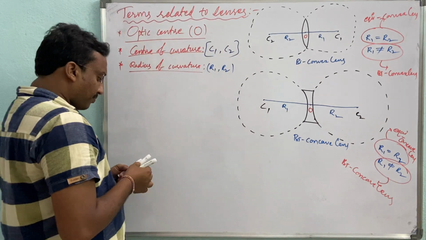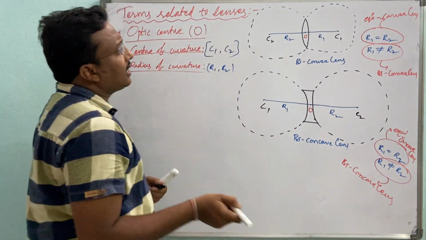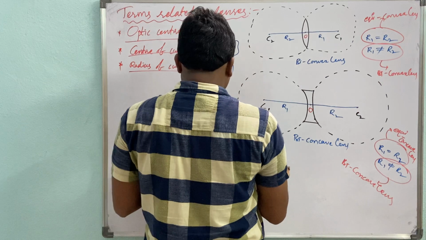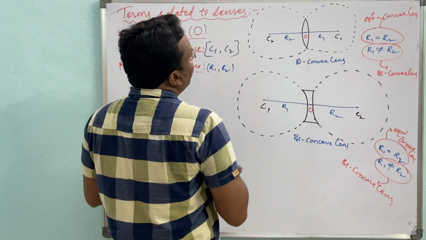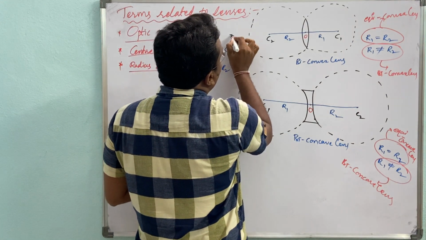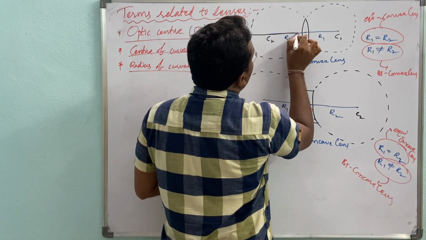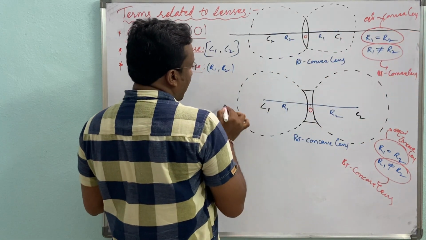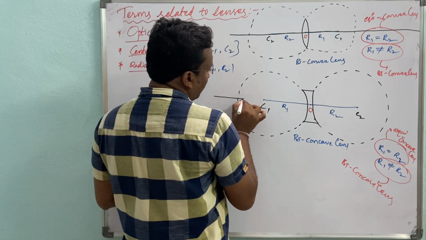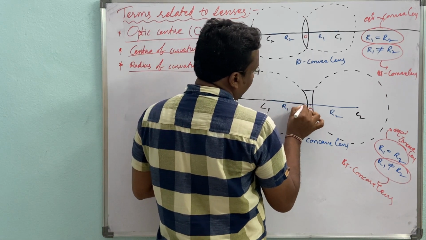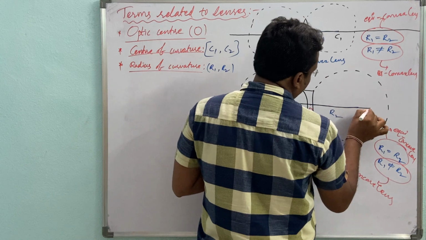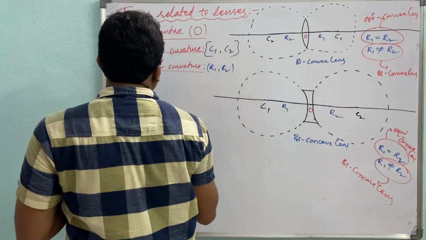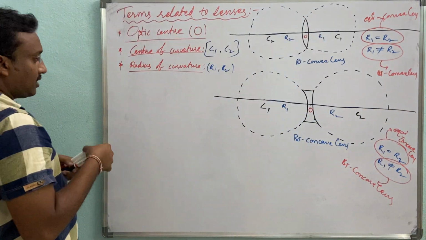And one more thing, the imaginary line which we draw through both centers of curvature C1 and C2, that line is called what?